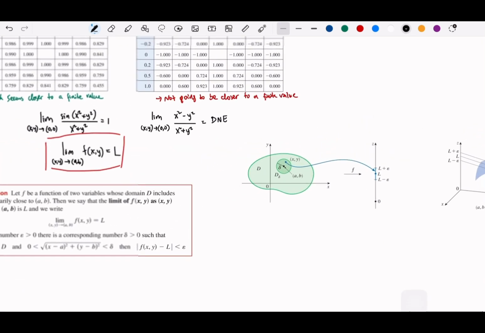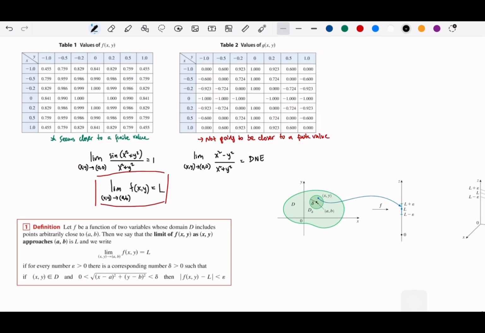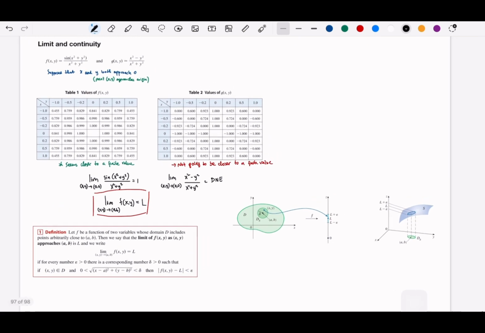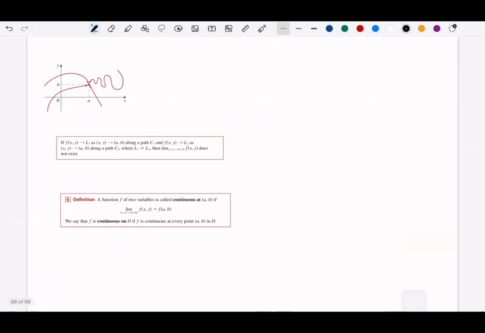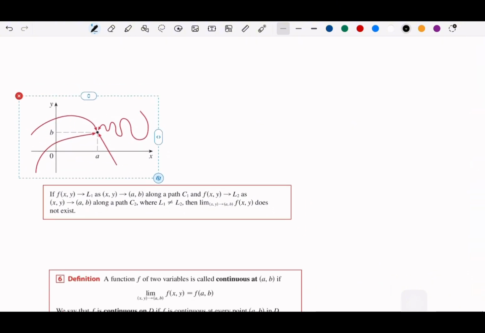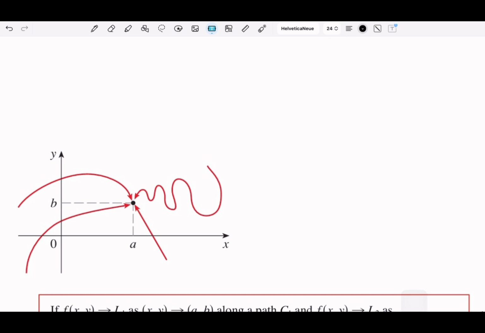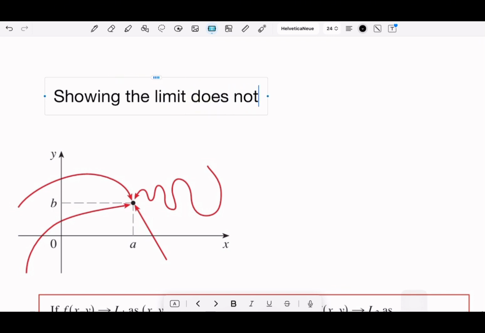So let me go to the next page. I forgot to write the title here. Let me give the title: showing the limit does not exist.